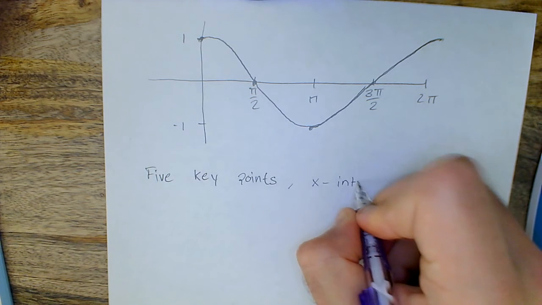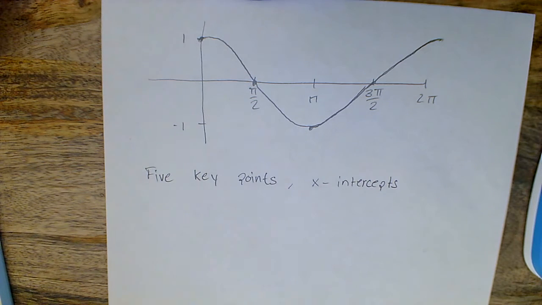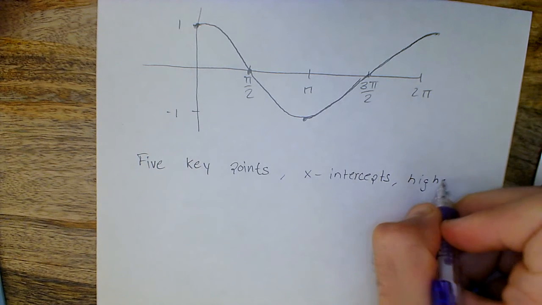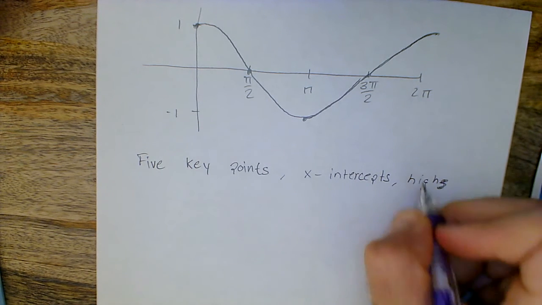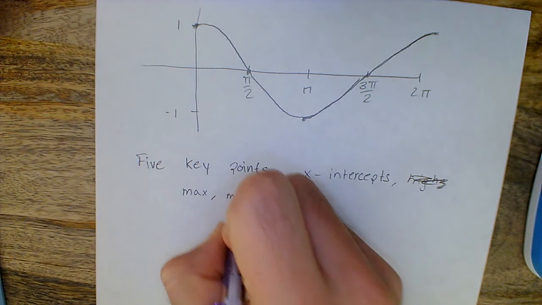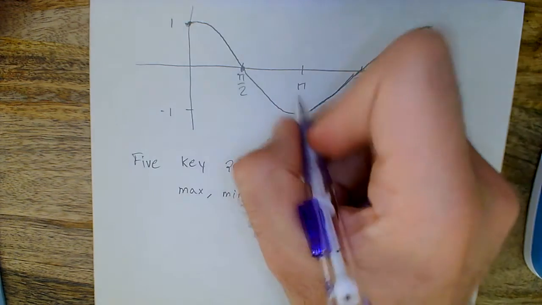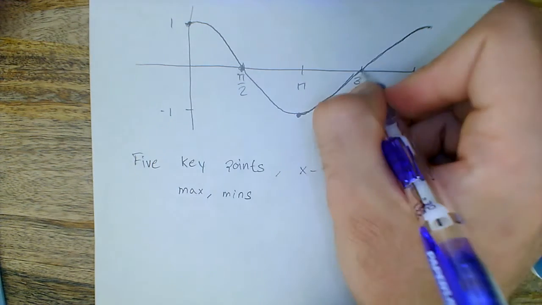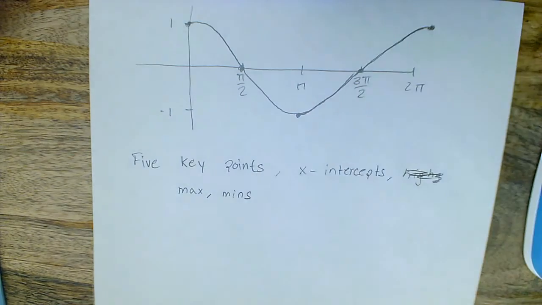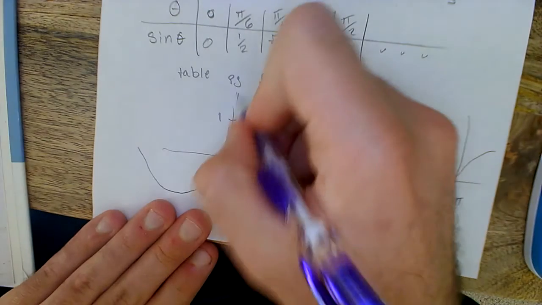They are the x-intercepts, the high points, or the max, and mins. So for the cosine function, I drew the minimum of -1. That's this point here. The x-intercepts are pi over 2 and 3 pi over 2, and the max values are 0 and 2 pi.